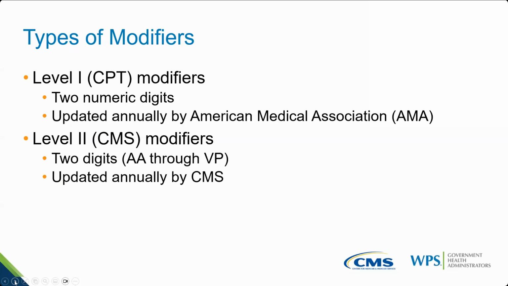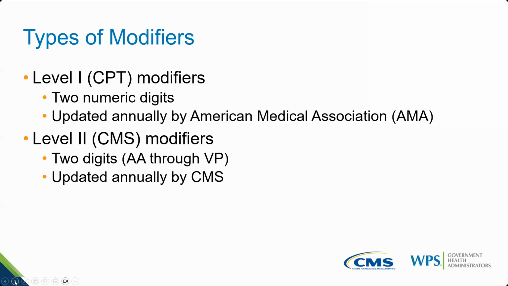So for Medicare purposes, the explanation and the application for some modifiers might vary from those of the AMA. So keep that in mind when you're billing Medicare versus another insurance. The codes are created and maintained by the AMA, but for Medicare purposes, there may be a slightly different interpretation of that, and so keep that in the back of your mind when you're using them.